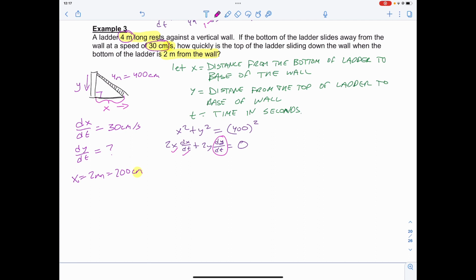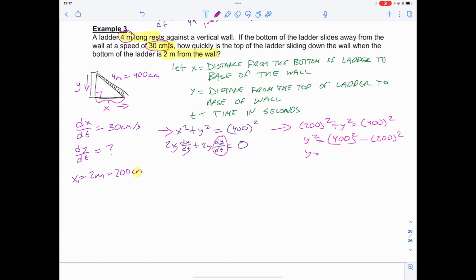Well, I have enough information to solve y from this Pythag. So I'm going to do that right now. I'm going to say that if 200 squared plus y squared is equal to 400 squared, then that means that y squared is going to equal 400 squared minus 200 squared, not the other way around.